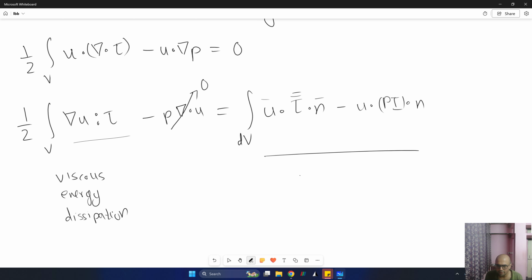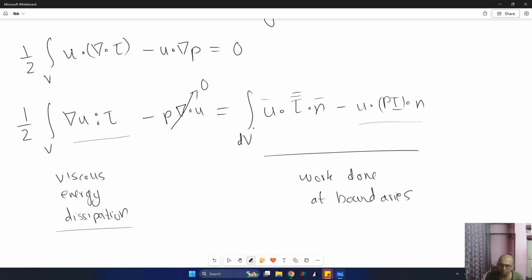So this is your work done at the boundaries. And this is basically your energy dissipation, which in this case, for Stokes flow, is just your viscous energy dissipation, which basically means that the work done at the boundaries is what is getting converted into viscous energy dissipation.